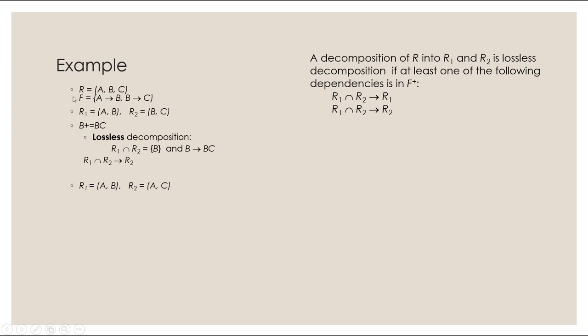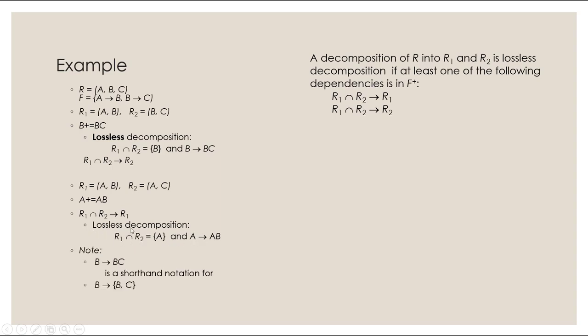What else can we get? With A, we're also able to get B, right? So the closure of A is going to be A and B. And A and B can be found in R1. So this first one is true in this decomposition. Because this is true, this is also a lossless decomposition.